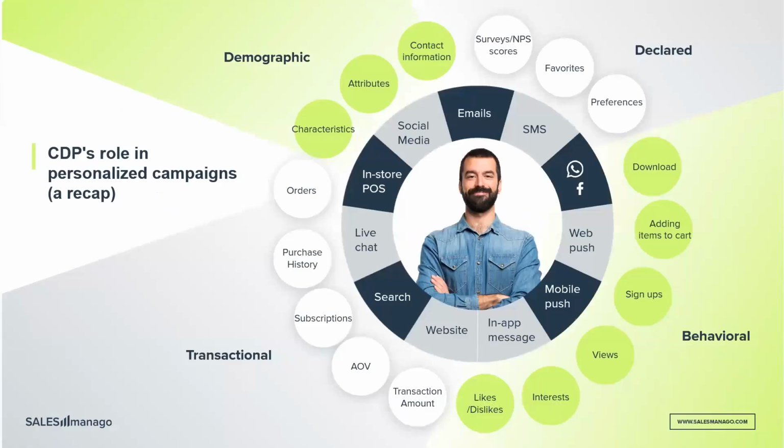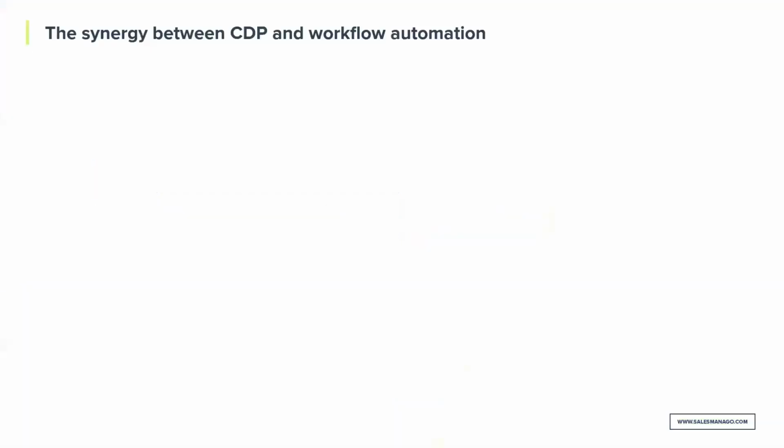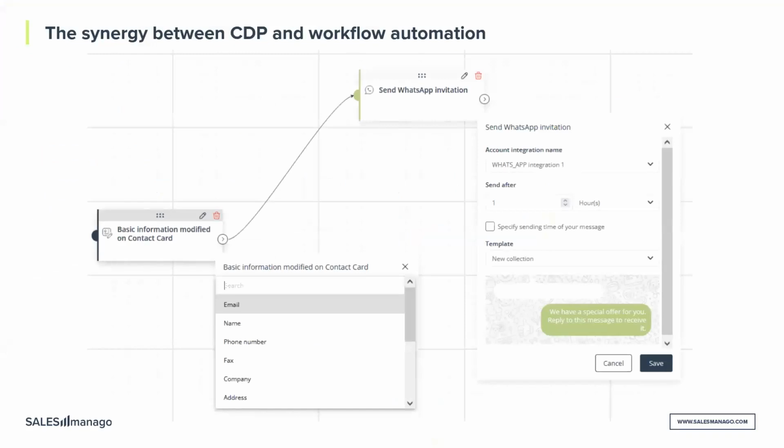Just to recap, CDP gathers all information, declared, behavioral, transactional, on a contact card, and puts it in this complex 360 view of every single customer, and that can be used in automation, especially workflow automation, because, for example, you can see that something happens, basic information is modified on the contact cards, like, for example, a person changes their number or the number of pets they have, or, for example, preference towards color of shirts they want to purchase.